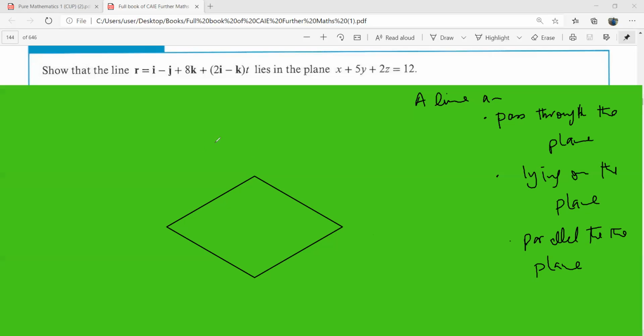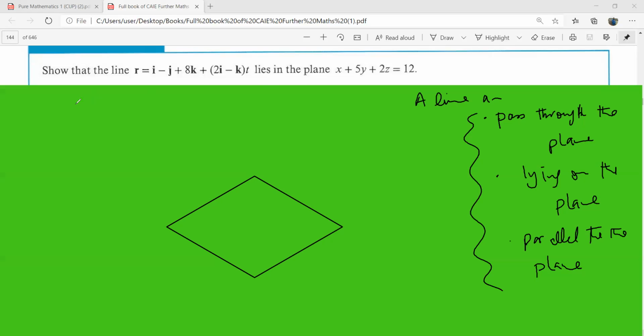So let's discuss this. Whatever you have to do in all these three cases, you need to have the equation of the line in its parametric form. Like this line, we have been given the equation of a line here. It says show that this lies in this plane.